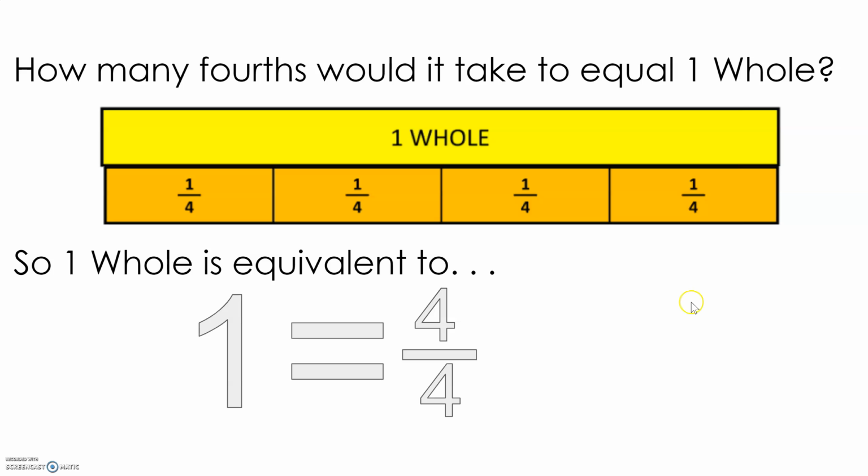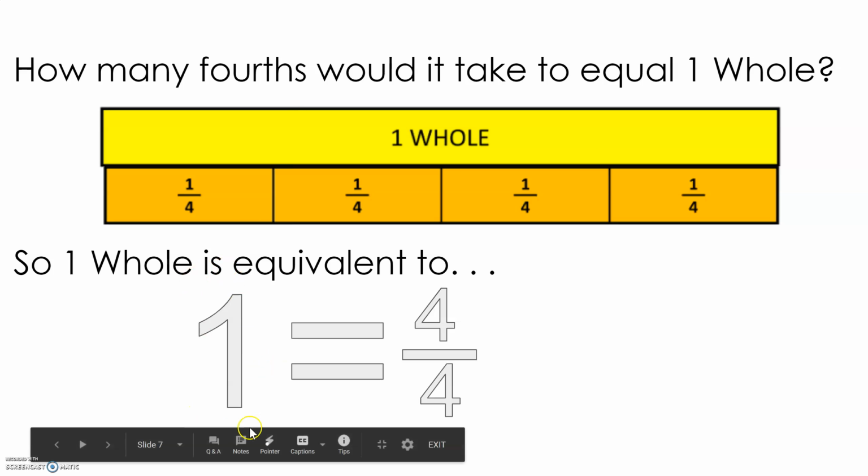So 1 whole is equivalent to 4/4. So do you notice that every time that we're trying to create 1 whole, the numerator and the denominator are the same? Because remember, this number at the bottom, the denominator, is how many equal pieces I have.